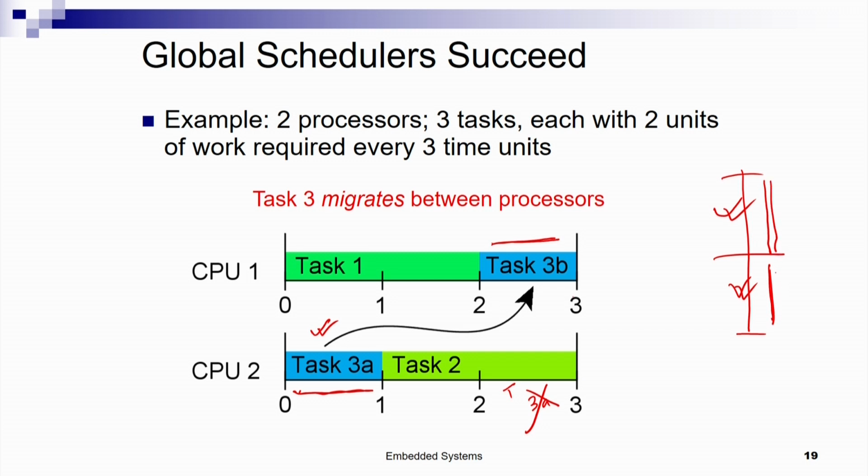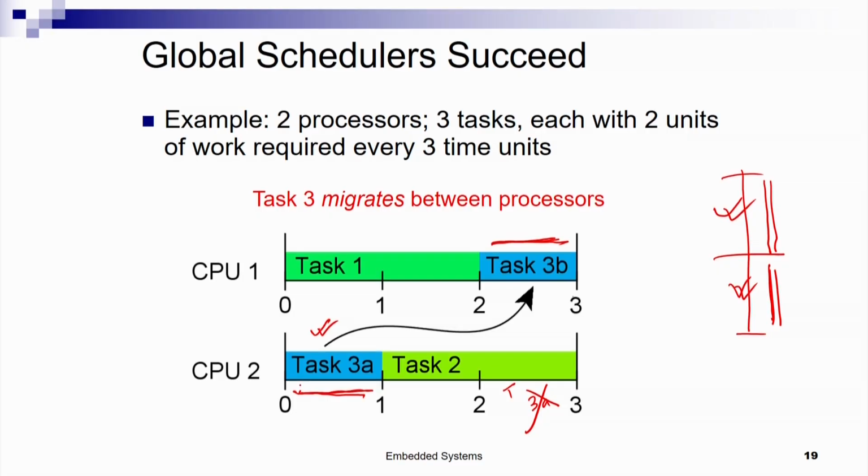These two separate executions cannot be overlapped. Hence, task 3A and task 3B cannot be executed at the same time on two processors, and hence we have put task 3A at the beginning and task 3B at the end here. However, this scheme allows us to appropriately schedule the third task. Partition scheme could not do it.